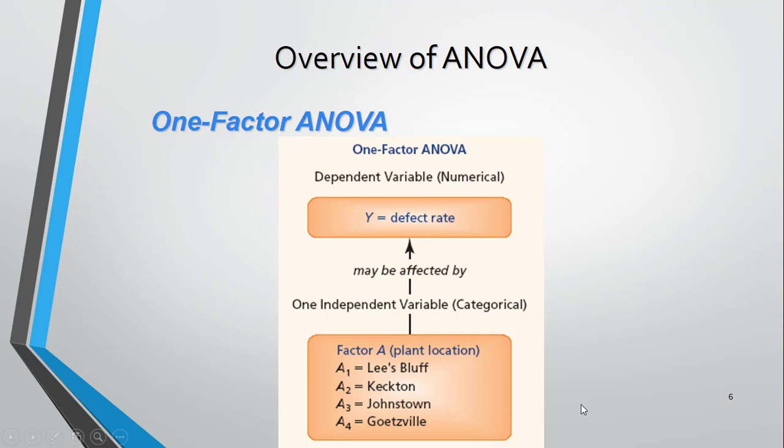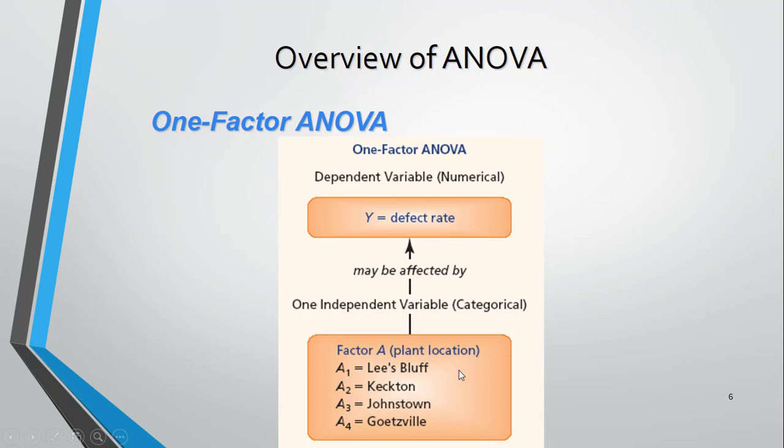Like the example I gave you, for one-factor ANOVA, the dependent variable in this case is the defect rate of machines or gadgets produced in this company. The defect rate is the dependent variable. That defect rate may be affected by one independent variable, which is a categorical variable, the plant location.